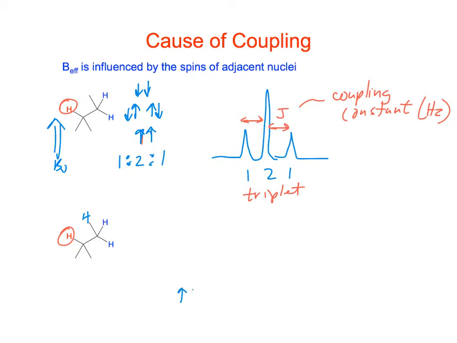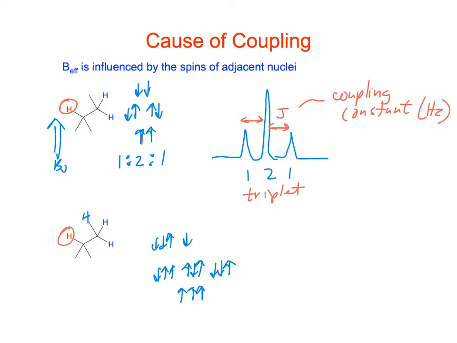We can have the most stable one with all three aligned. Then we can have one opposed and two aligned. Or we can have like this, or like this, right? Or the next one would have two opposed and one aligned.